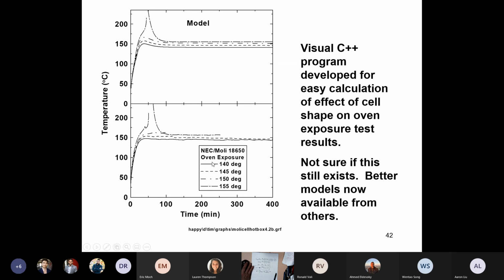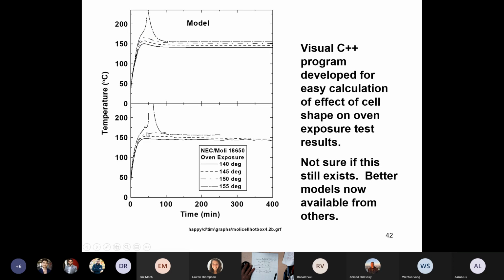So these are oven tests at 140, 145, 150, and 155. And you can see the data here and the model predictions here. So the model predicted at 155 the cell should go into runaway, and at 150 you can see there's a fair amount of early self-heating.